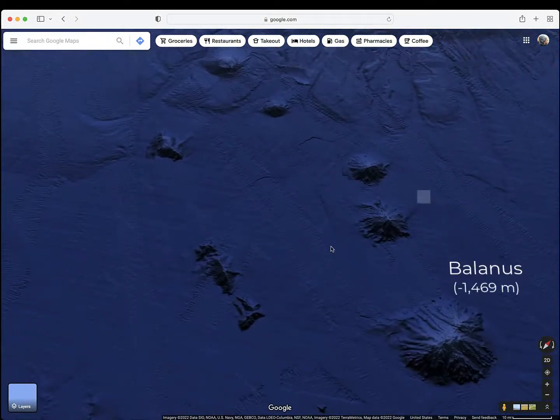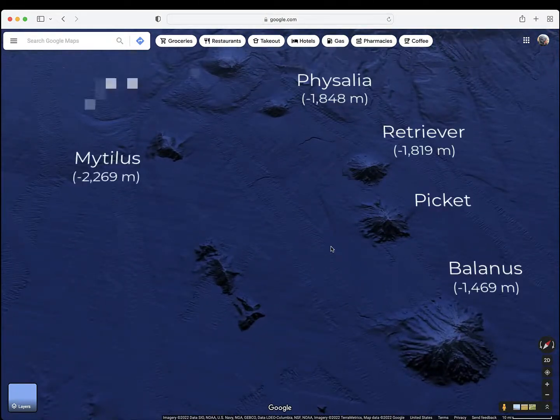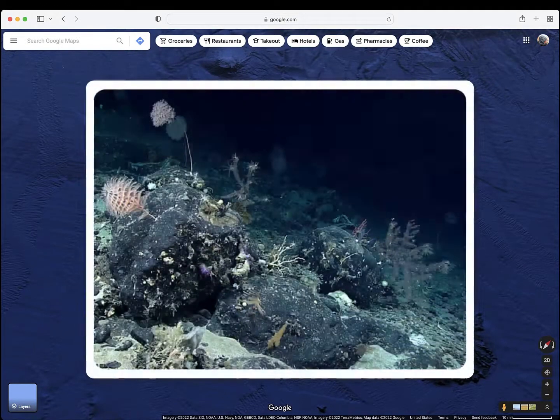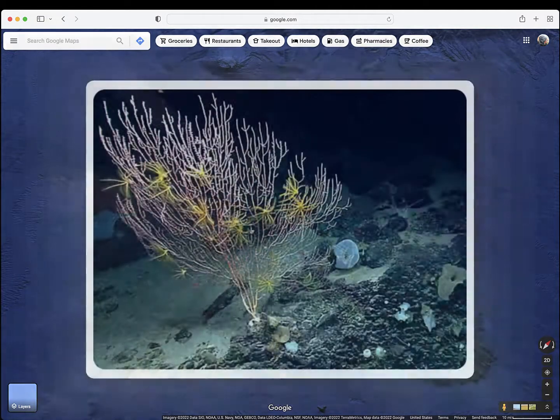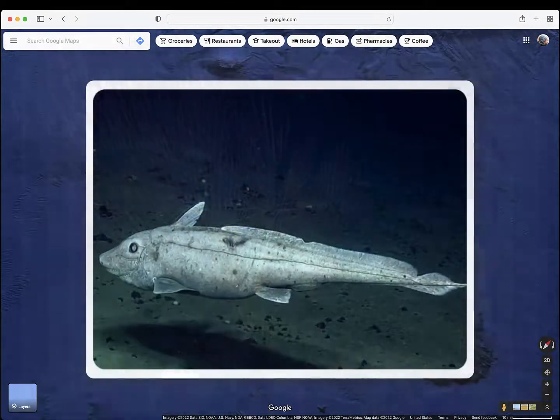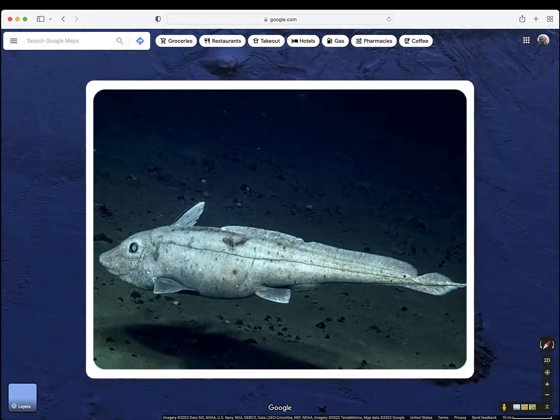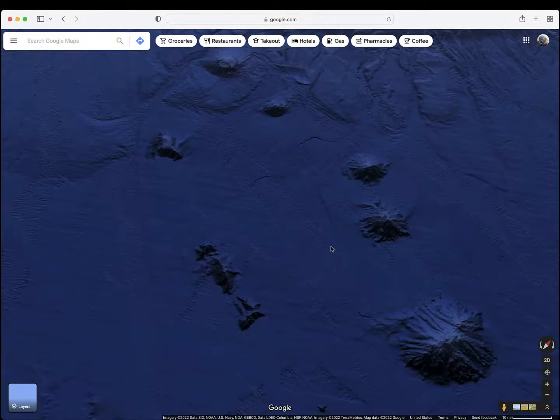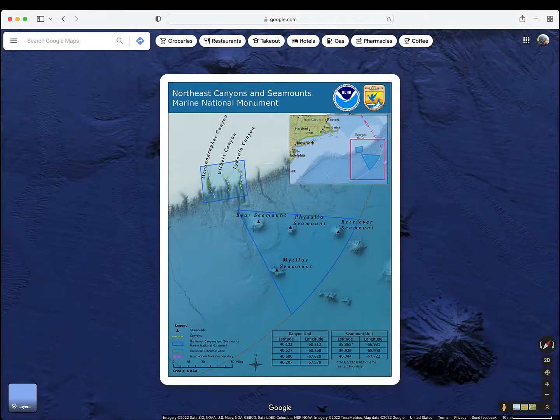The shallower summit depth and the interaction with the submarine currents make several of these seamounts biological deep-sea islands that host hundreds of species of coral, crinoids, sponges, cephalopods, crustaceans, fish, and more. The Mytilus, Retriever, Physalia, and Bear Seamounts lie within the Northeast Canyons and Seamounts Marine National Monument.